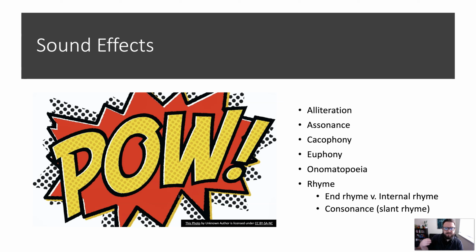And then consonance is when the vowel sounds don't match, but the consonant sounds do. So this is where rain and run would slant rhyme because we have that N sound at the end of those words. Probably the most famous user of slant rhyme is the poet Emily Dickinson, and we will be seeing that in some of her work this semester.